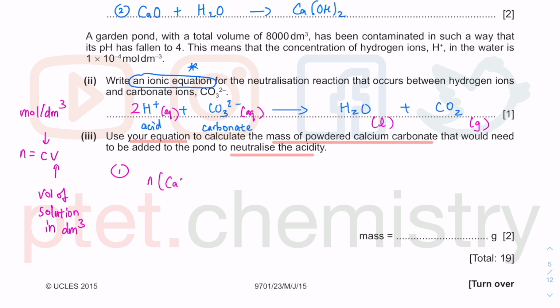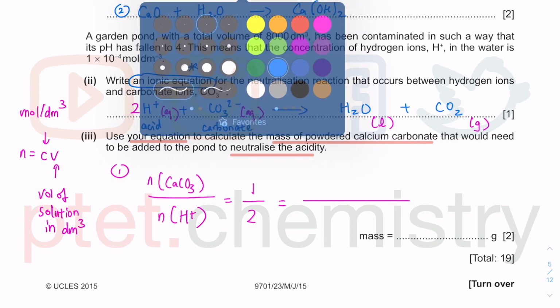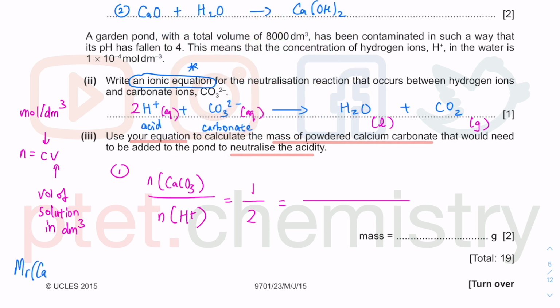So we want mole of calcium carbonate. 1 calcium carbonate will give you 1 CO3 2 minus, and this is relative to the H plus. So 1 of the calcium carbonate reacts with 2 of the H plus. On the right hand side, we want the mass of the calcium carbonate. If we want the mass of the calcium carbonate, it's important that we have the Mr of the calcium carbonate.